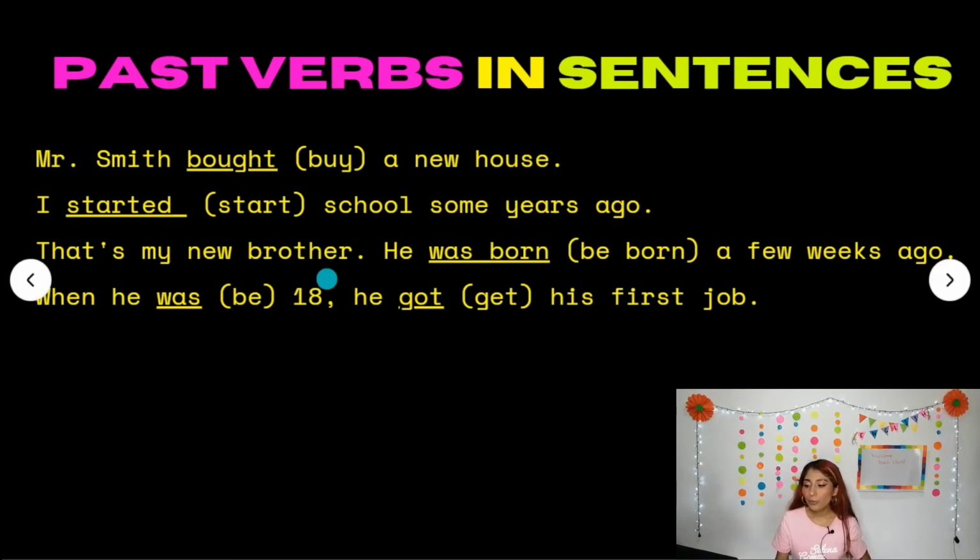That's my new brother. He was born a few weeks ago. When he was 18, he got his first job, okay? Pay attention to it. I'm giving you the verbs between parentheses, and I just wrote them in the blanks in past simple, okay?